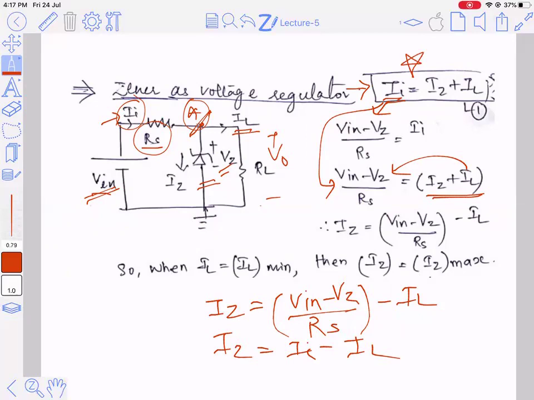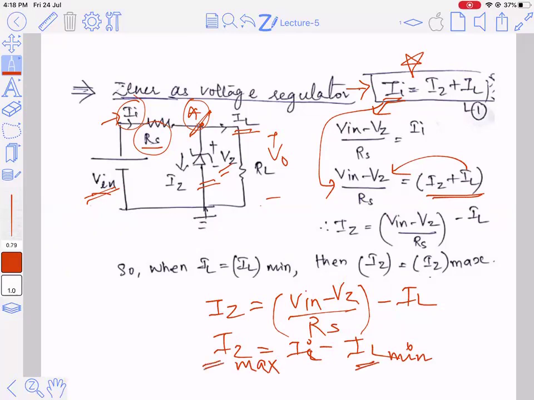So when your IL is minimum, your Iz is maximum. You're subtracting the least value, so you'll get the maximum.